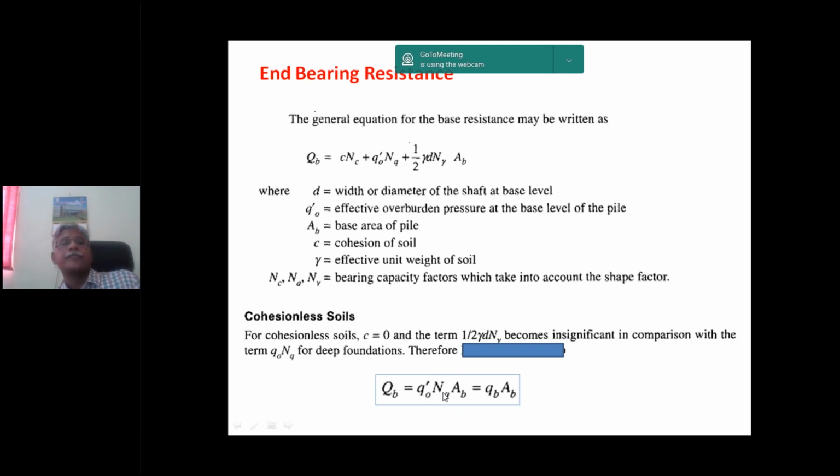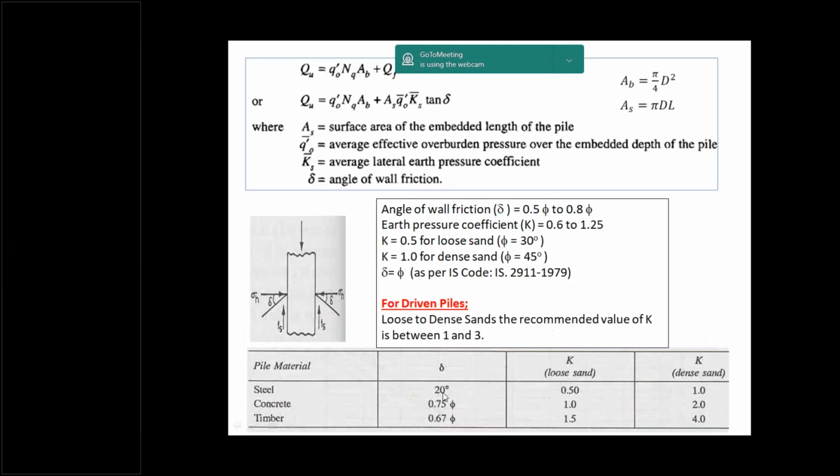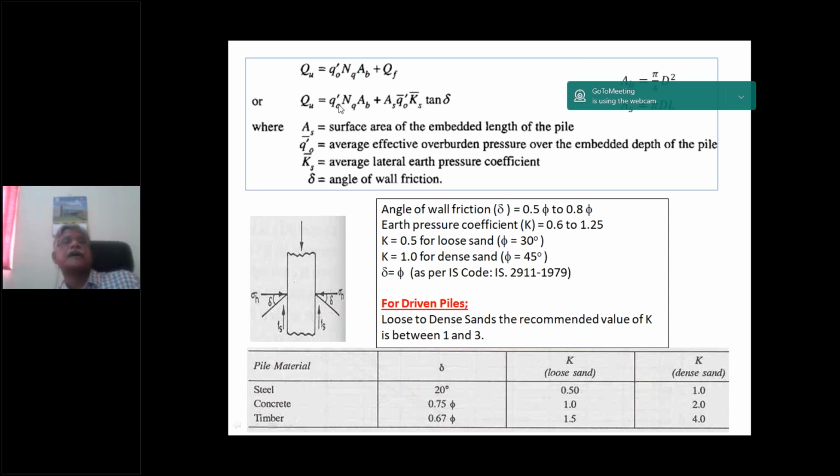So the ultimate capacity can be written as Q0 dash Nq AB plus QF, where the first term is due to end bearing and QF is due to skin friction.